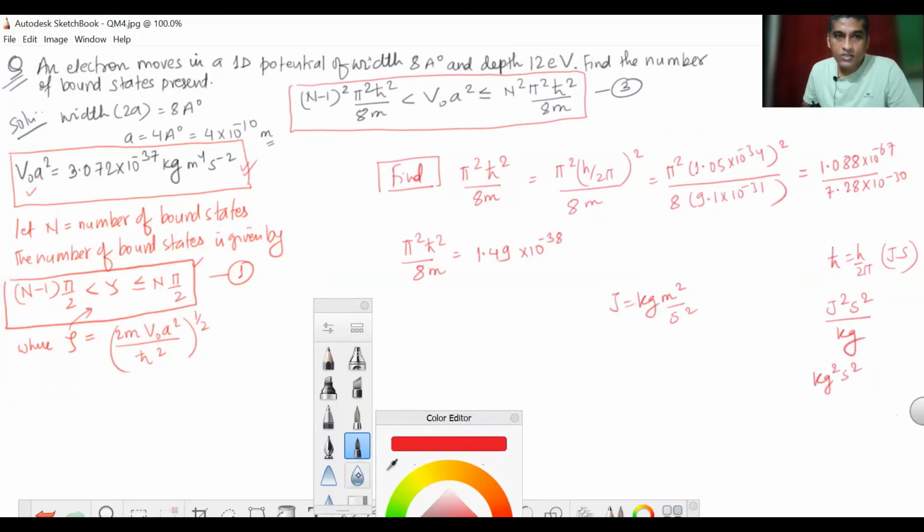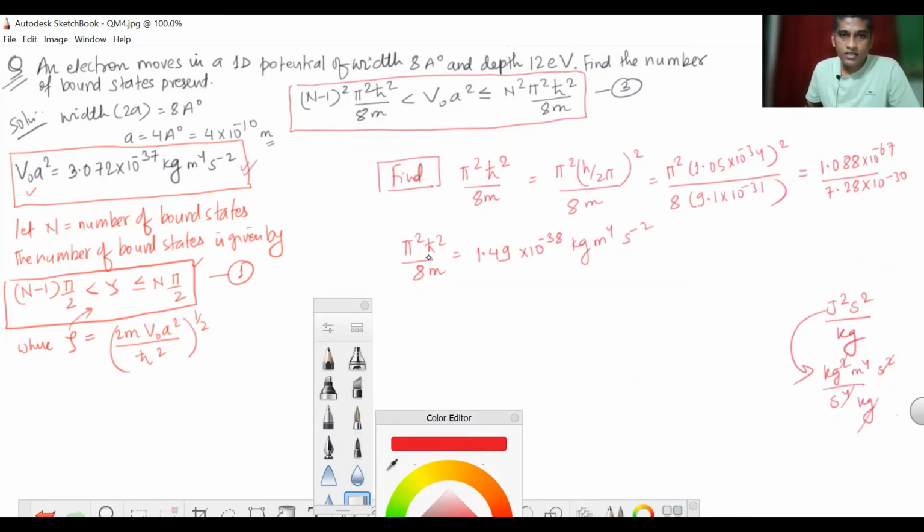Let me write in this way first, okay. So this is kg square meter power 4, and we have second power 4, and we have 1 kg at the denominator, and we have second square over here. So the unit is kg meter power 4 and second power minus 2. So we get this, okay.